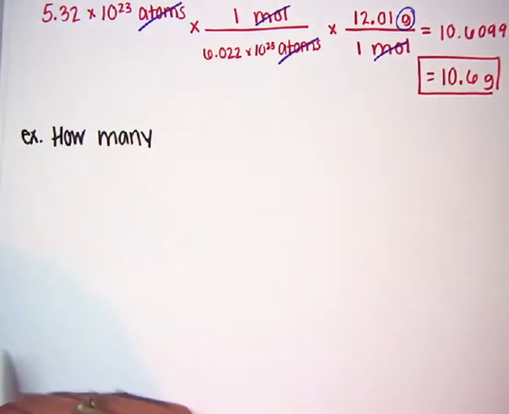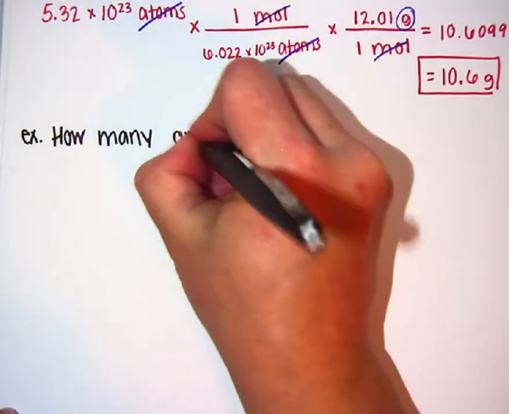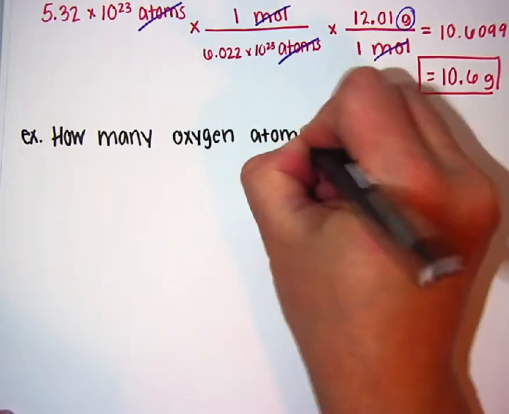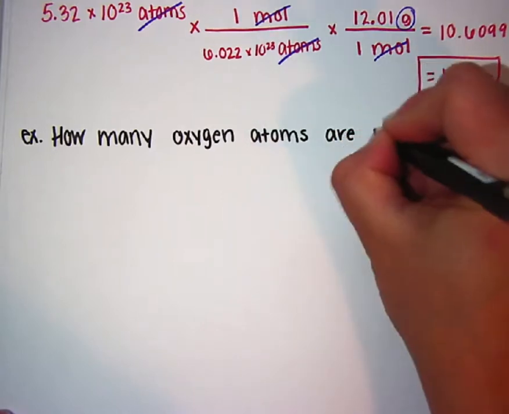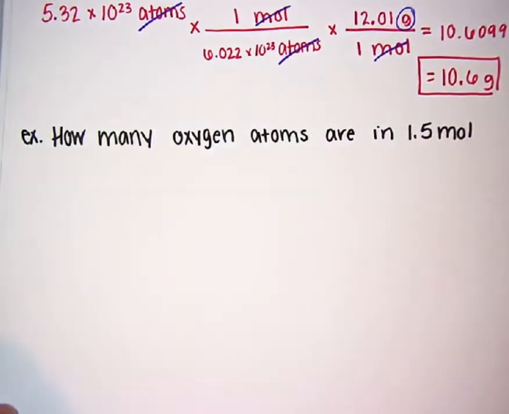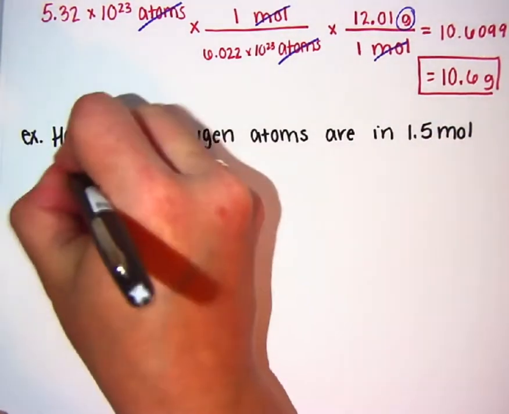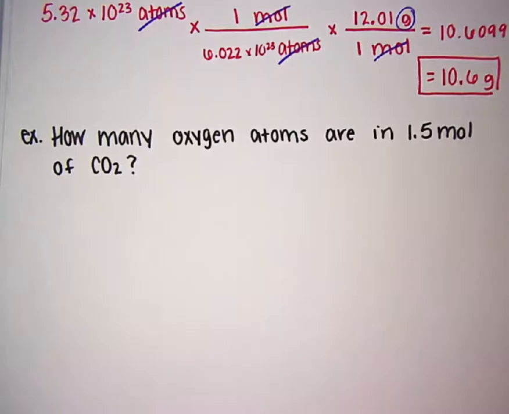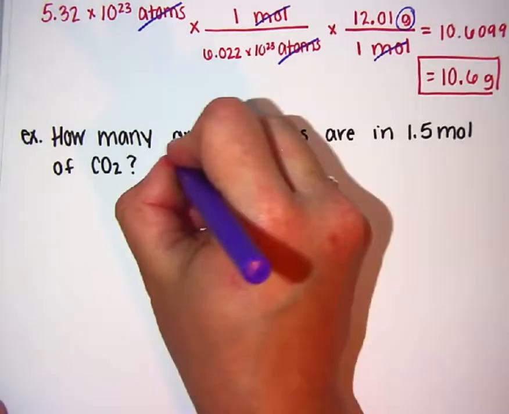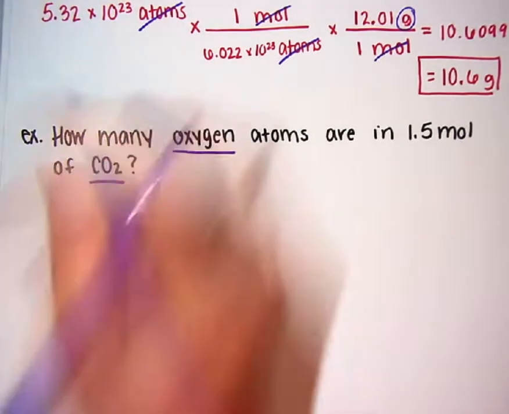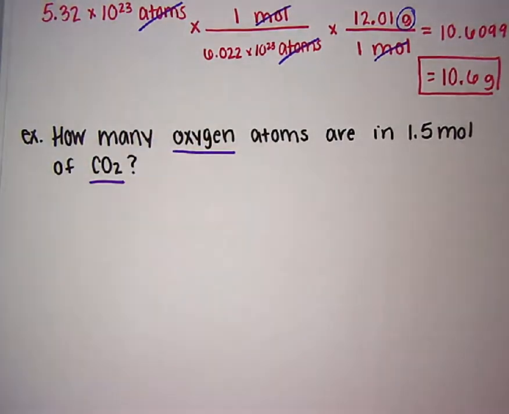What if you were asked how many oxygen atoms are in 1.5 moles of carbon dioxide? Here's why this problem is tricky. We're solving for just oxygen atoms, but you are given carbon dioxide.